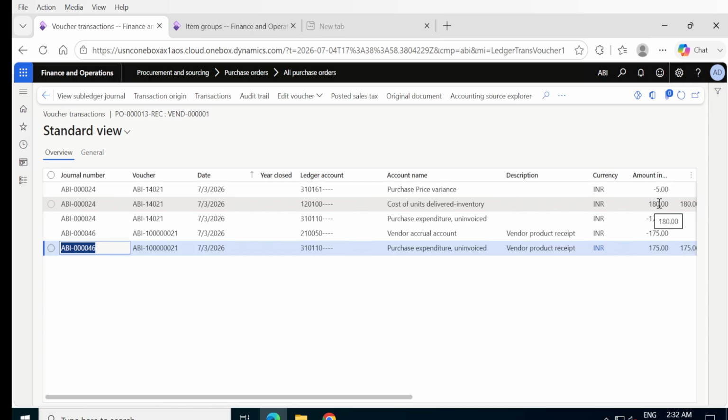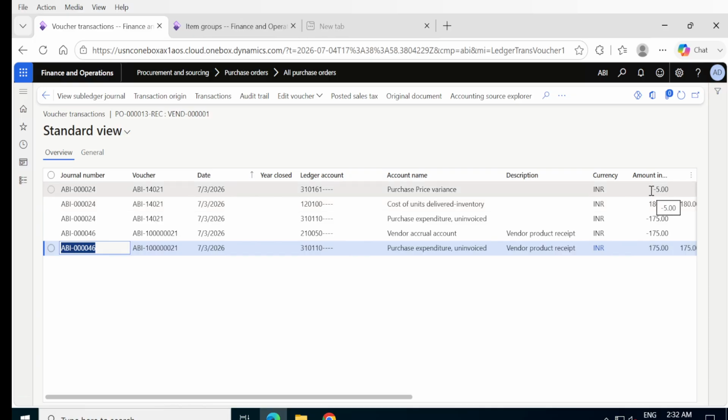So a positive 180 means it is a debit entry, and the minus sign indicates a credit entry. In FnO, a minus sign always indicates a credit entry.